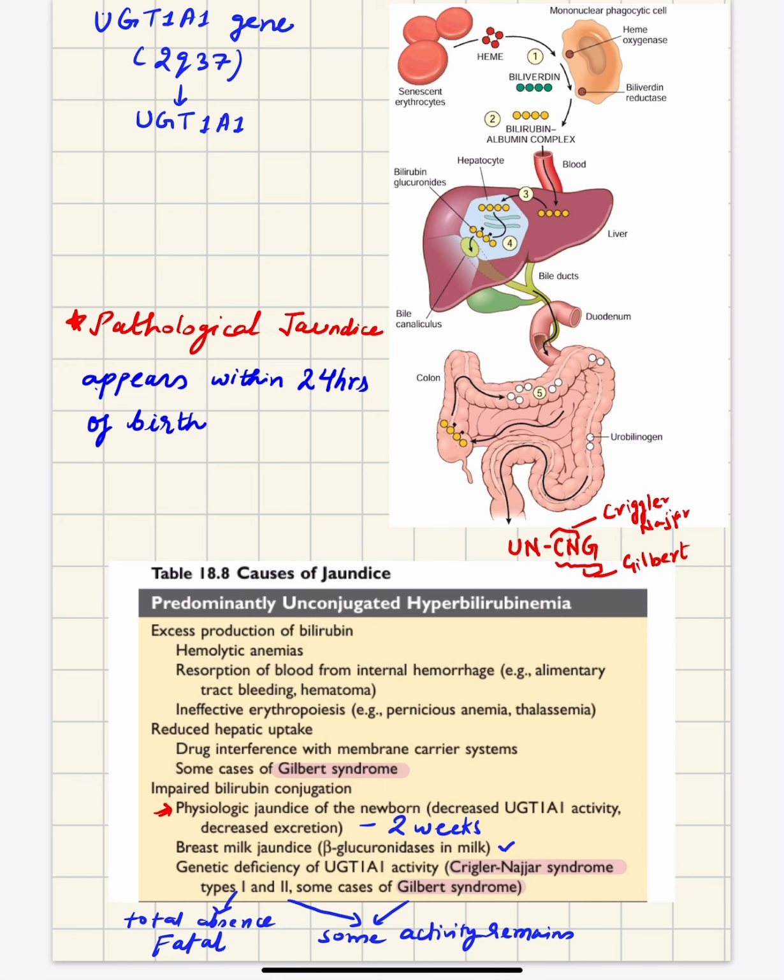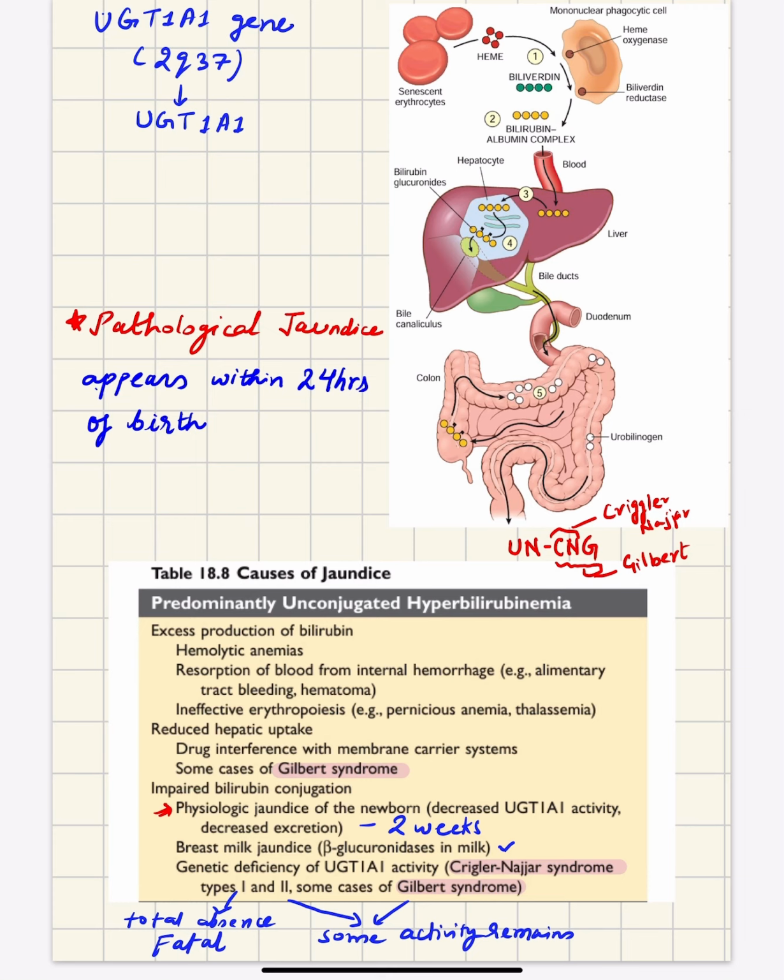conjugation. So impaired bilirubin conjugation: we know that when a baby is born, initially the UDP glucuronide transferase activity, this enzyme which causes the conjugation of bilirubin, is not in sufficient quantity. That enzyme level at birth time is low, and it reaches adult levels by 3 to 4 months of age.